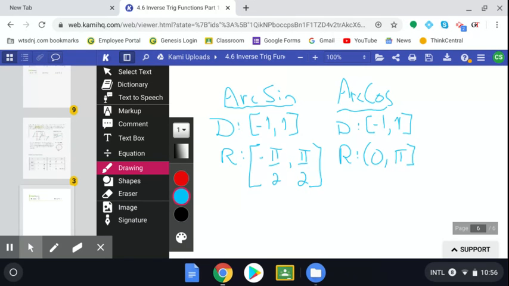And arctan, or inverse tangent, the domain is negative infinity to positive infinity, and the range has to be between negative pi over 2 and pi over 2, but those cannot be included because they're undefined at those points.